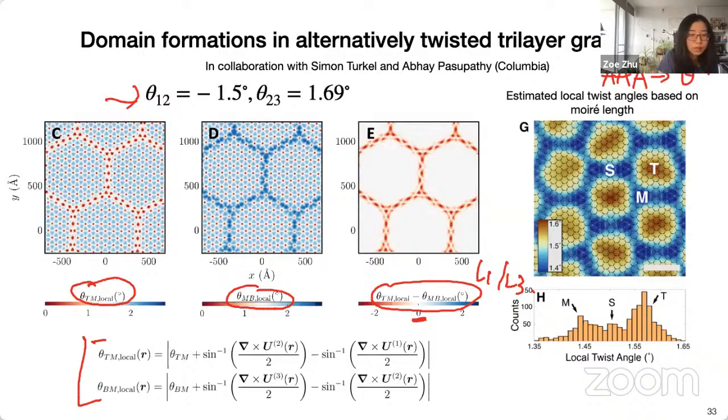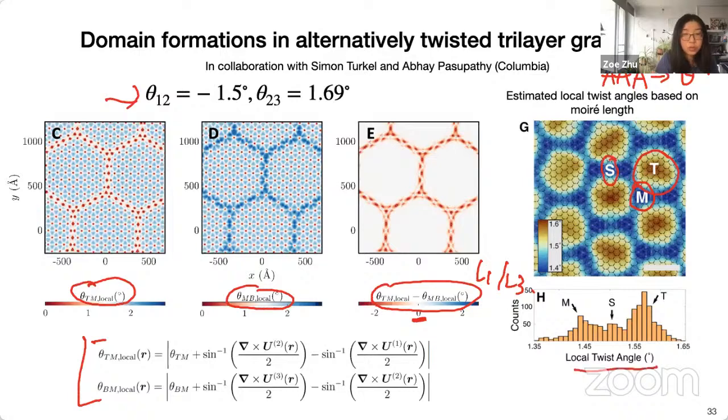And we clearly see the formation of 3 distinct domains. The regions where the twist angles are increased are what we call the twistons, with larger local twist angles. And then there are blue regions where their twist angles are reduced, which we call the magic morays. And of course, there is a domain wall, which we call the solitons.